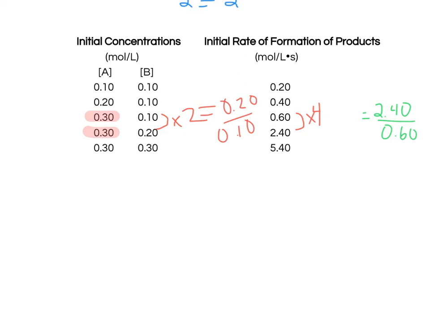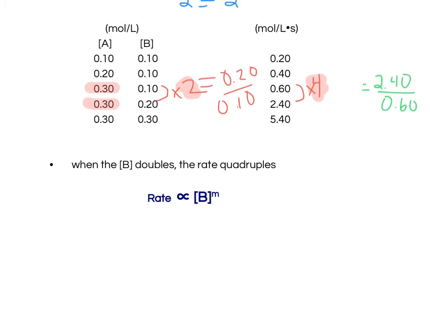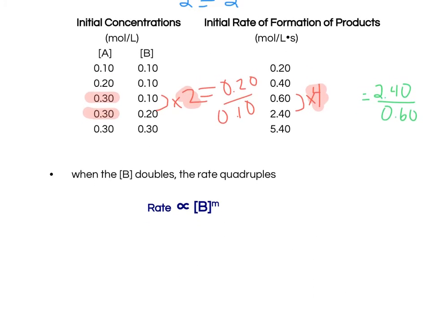All right, so I just want to take a minute to remind us how this all works. We saw that when the concentration of B doubles, then our rate quadruples. So let's go back to that basic rate law equation. We know that the rate is proportional to the concentration of B raised to some exponent m, and our job is to figure out what that value for m is. What did I do?